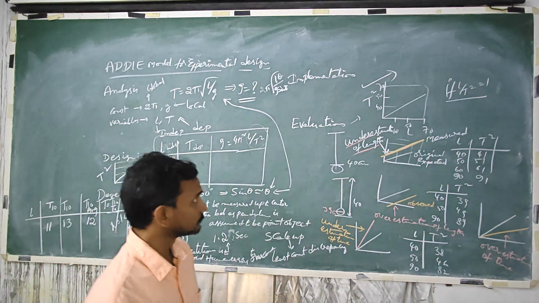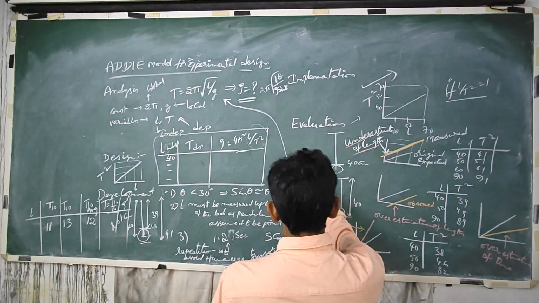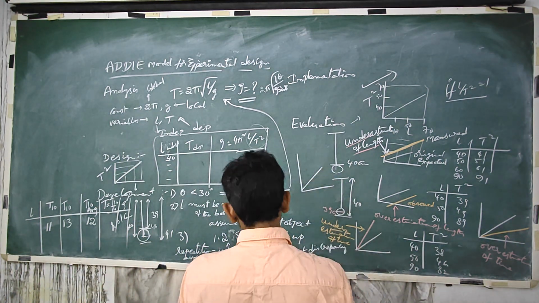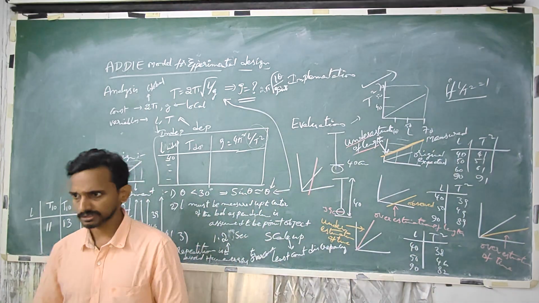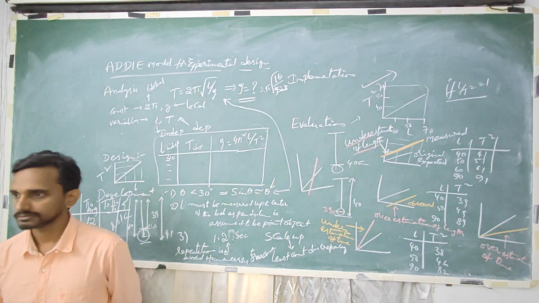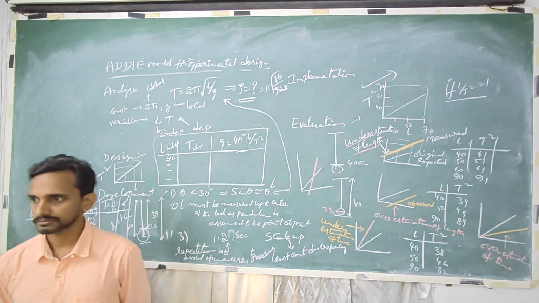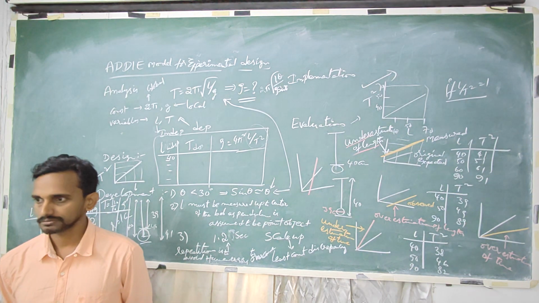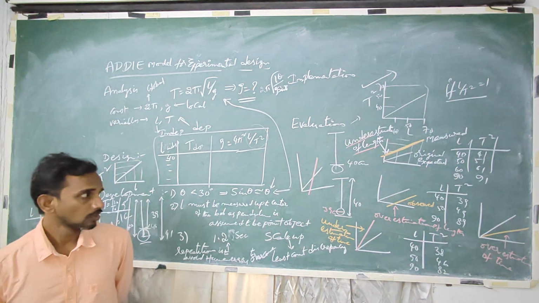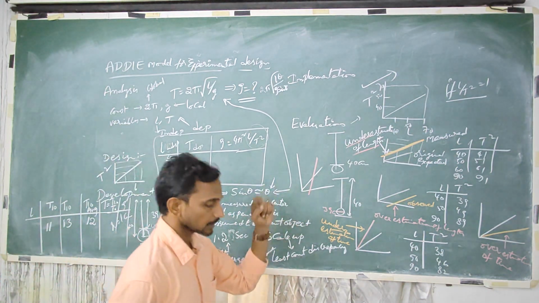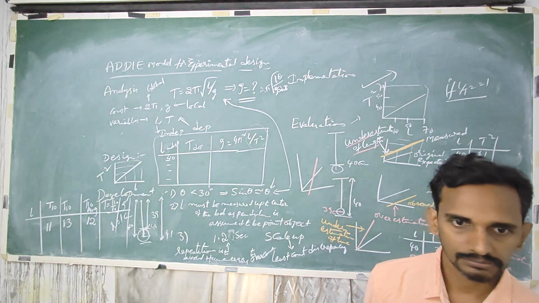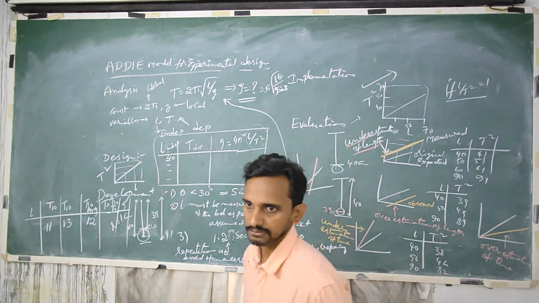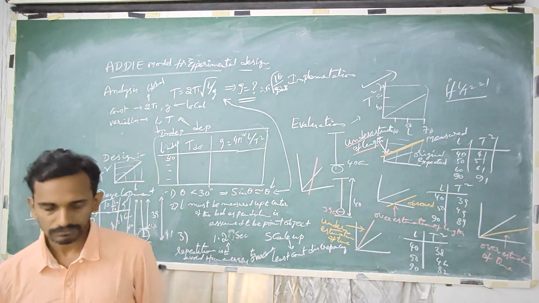Somebody does an experiment and gets a graph like this. What kind of errors are there and how to correct them? Underestimation of length.